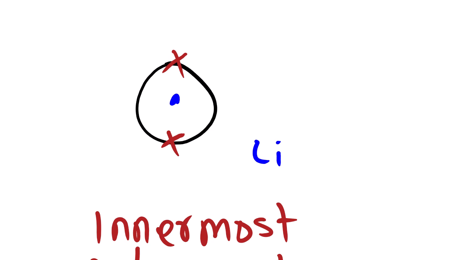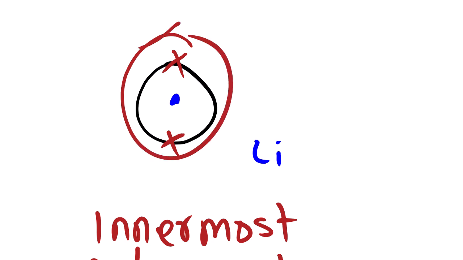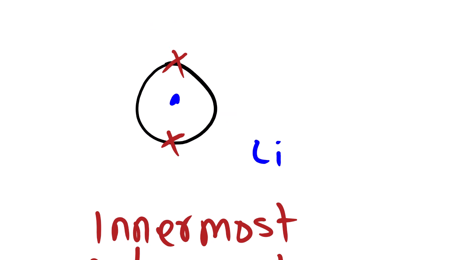But to achieve that is not easy. It must find an atom somewhere to receive that single electron that is in the outermost shell.